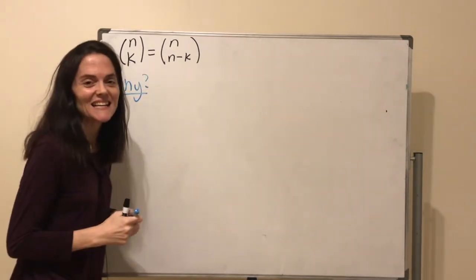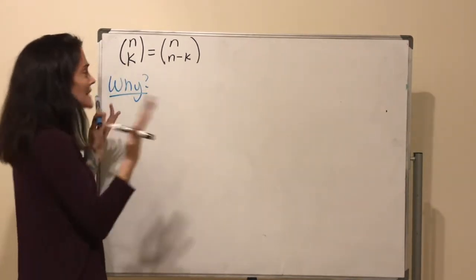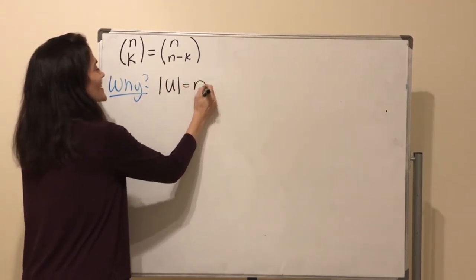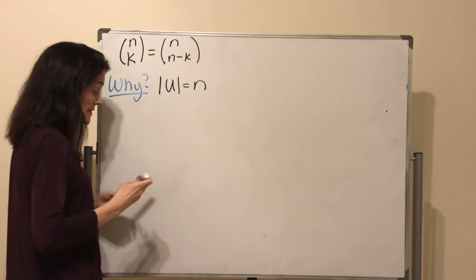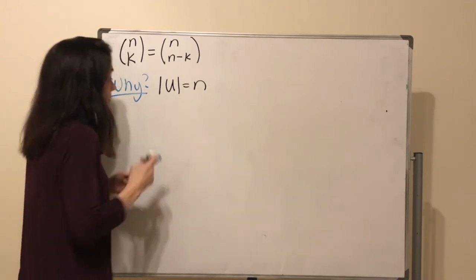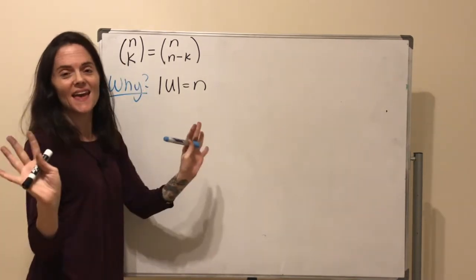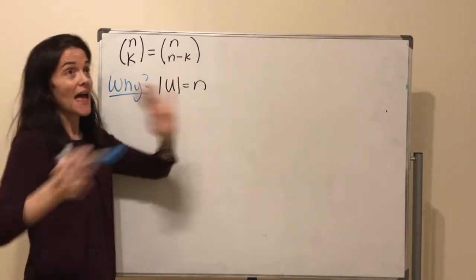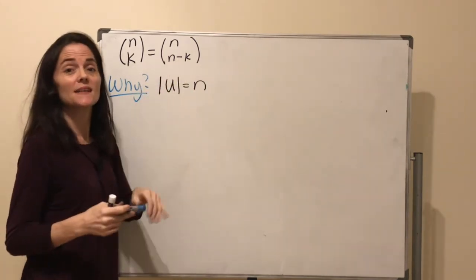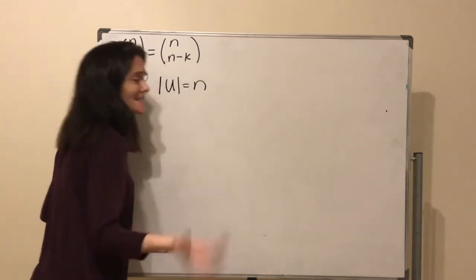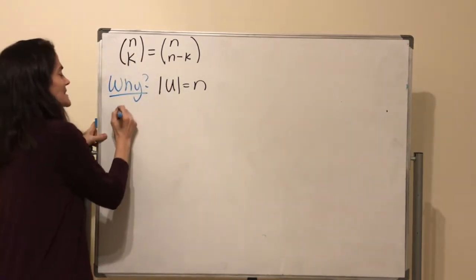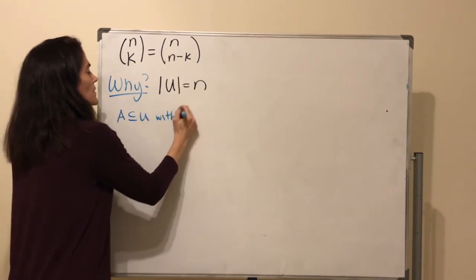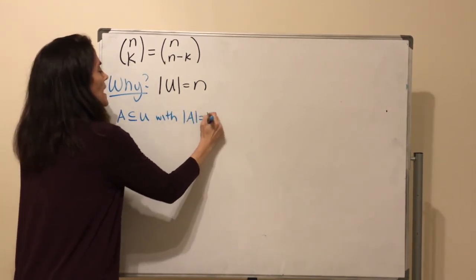Well, this is kind of a cool thing to think about. Let's suppose I have a universe U with cardinality n, and then this side we know counts k element subsets of U, and this side counts n minus k element subsets of U. Well, why is this the same? Let's take A with cardinality equal to k.